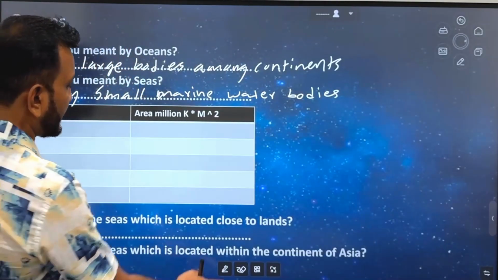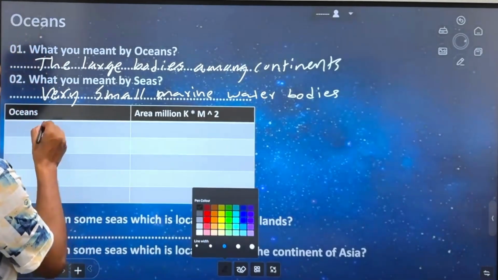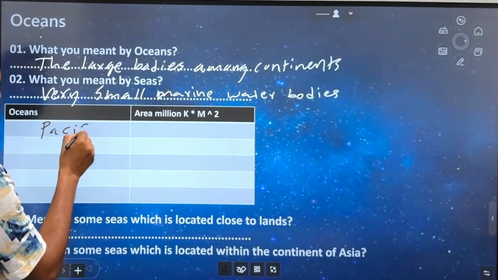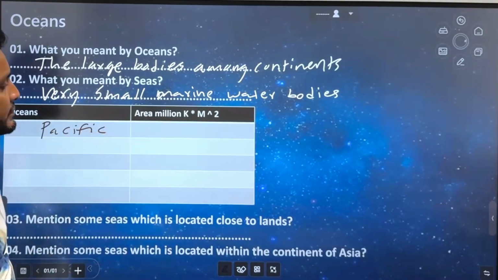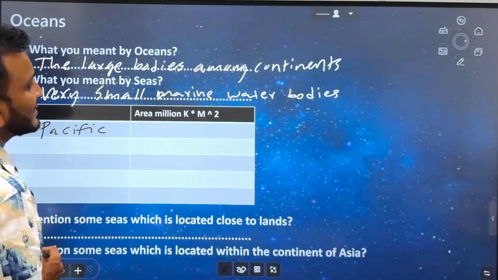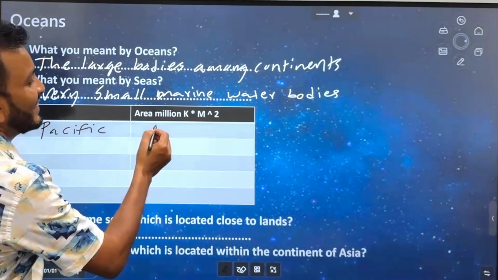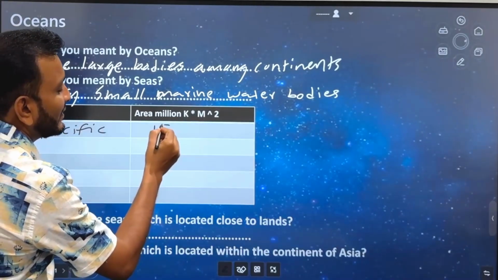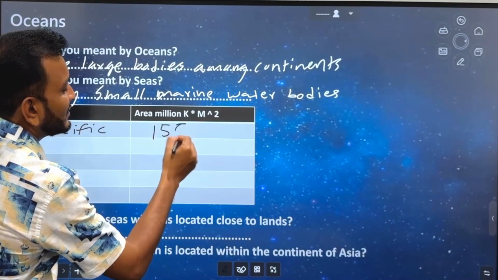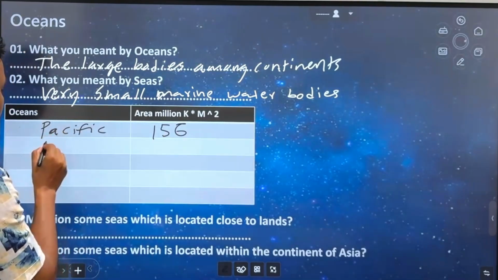Oceans and their area in millions. What is the largest ocean? Pacific Ocean. Area? 156 million kilometers. Second one?